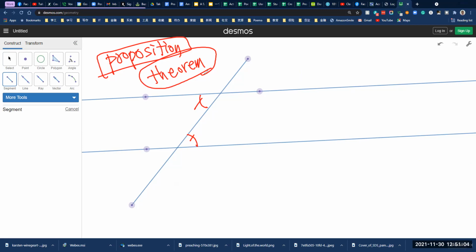Because it's proven, we can use previous theorems. So basically, we're building a hierarchy. We have the 10 axioms as our foundation.